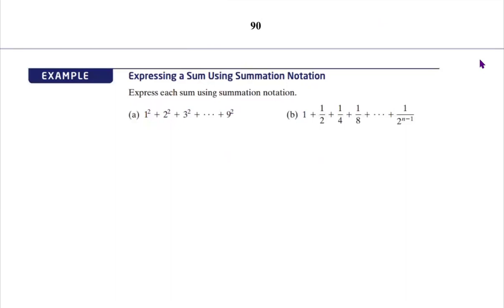It starts from 1 squared, 2 squared, and 3 squared, and so on. It stops at 9. So it starts at k equals 1, and it stops at 9, of k to the power 2. So that's A.